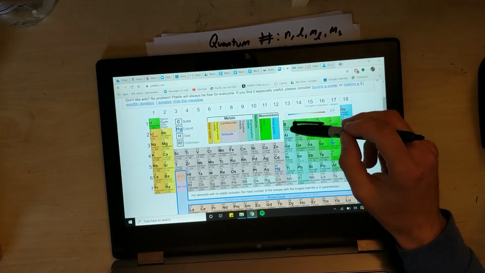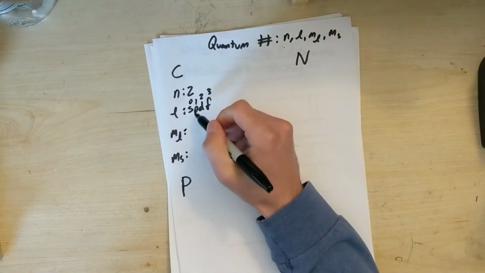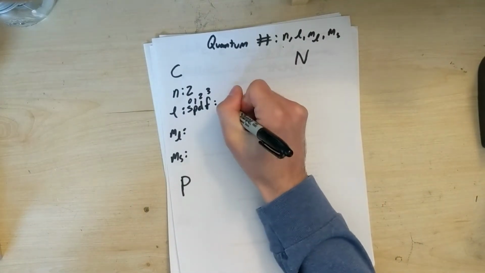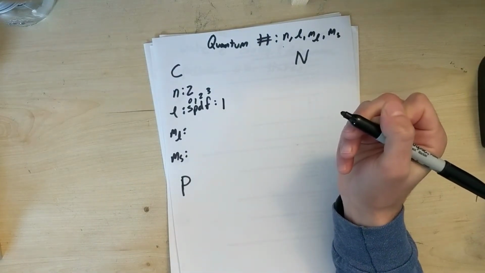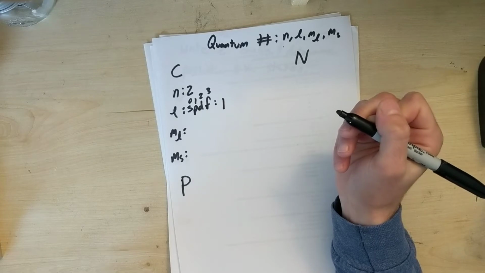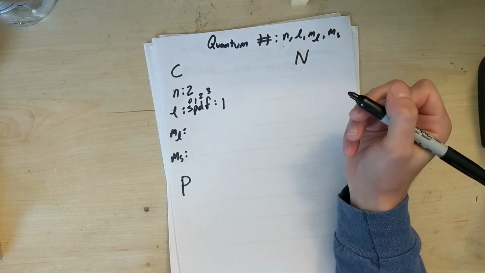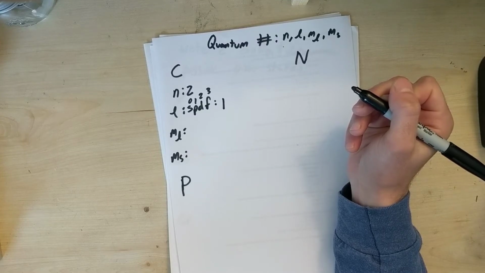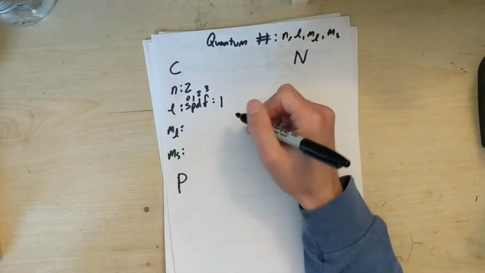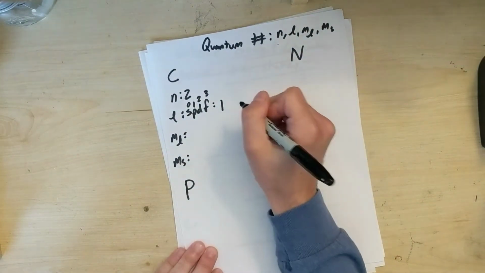In this case, our valence electron for carbon is in this specific spot in the periodic table. So this is the P block. Because it's in the P block, our L value is going to reflect P. So L is equal to 1. Now, the M sub L value is the position that it's on for a particular energy level.